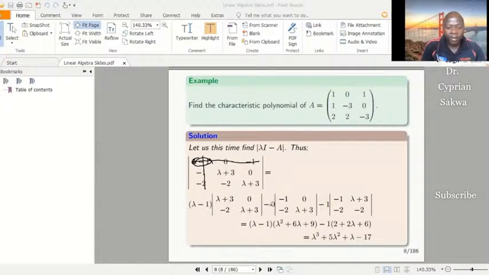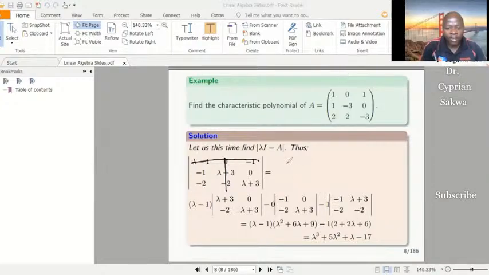Then next, it will be negative 0. You delete the column of 0 and the row of 0, so it is negative 0 times the determinant of the matrix that remains: negative 1, negative 2, 0, lambda plus 3. But you know that this result will be 0, because anything multiplied by 0 gives 0.